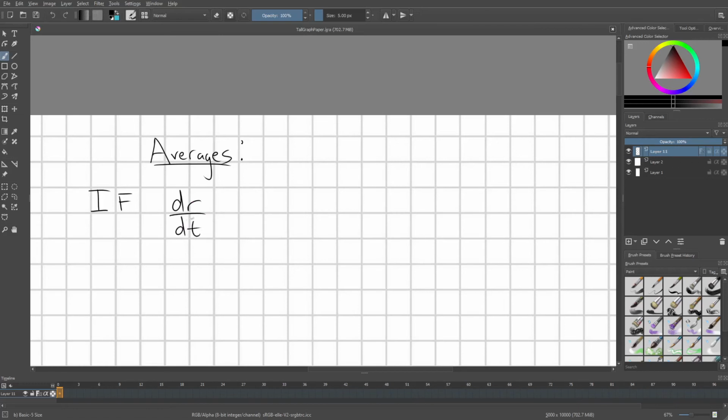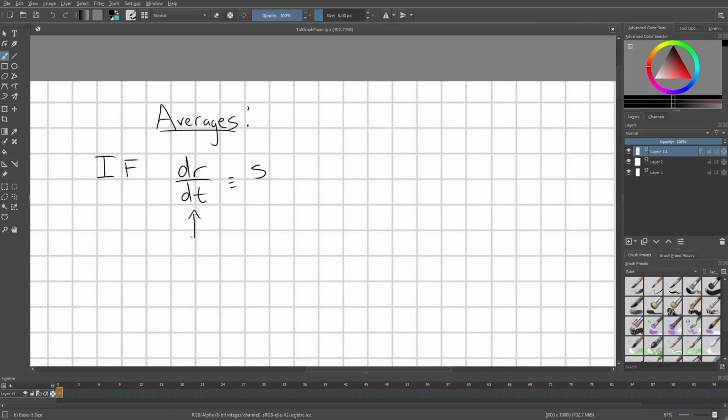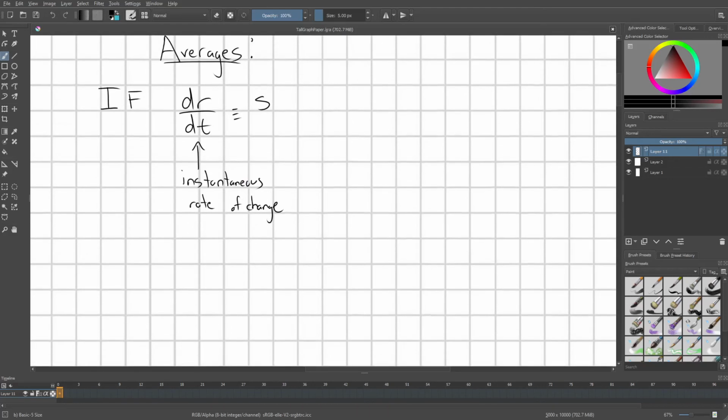Whenever I talk about r being a function of t, it's always been a single variable. A lot of physics comes down to defining rates of change as another variable. Of course, here, this is referring to an instantaneous rate of change, so this would be an exact value for s.